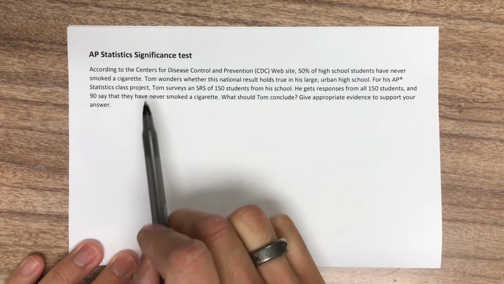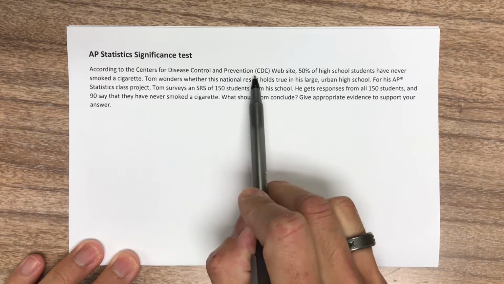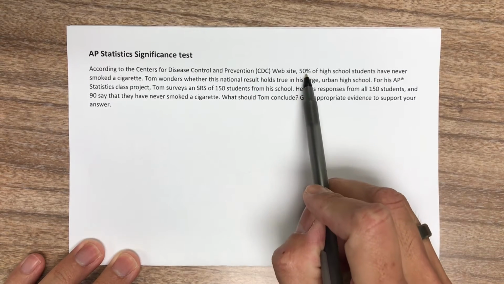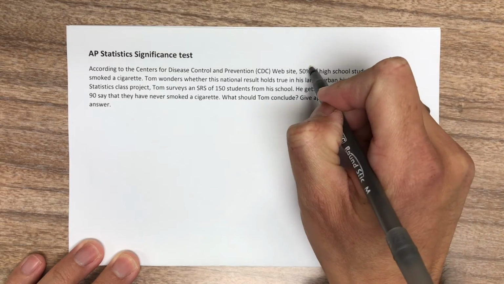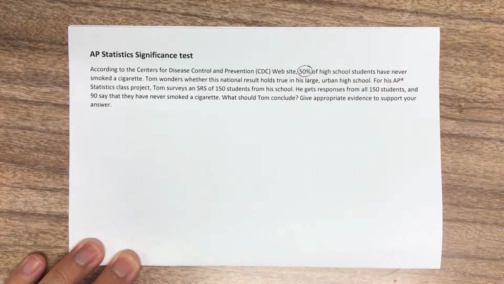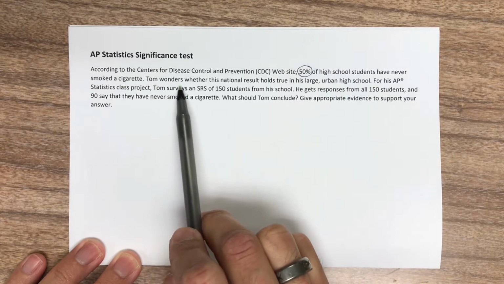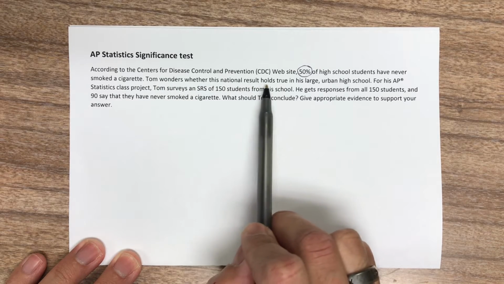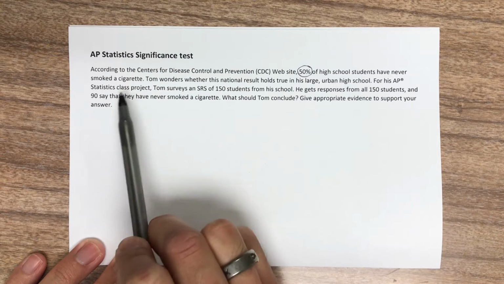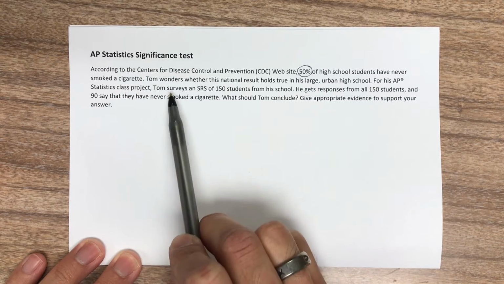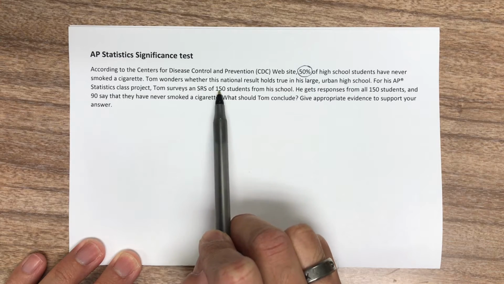It says, according to the Center for Disease Control and Prevention, CDC, website, 50% of high school students have never smoked cigarettes. So that's one of the numbers we're going to use, 50%. Tom wonders whether this national result holds true in his large urban high school for his AP Statistics class project. Tom surveys an SRS of 150 students.